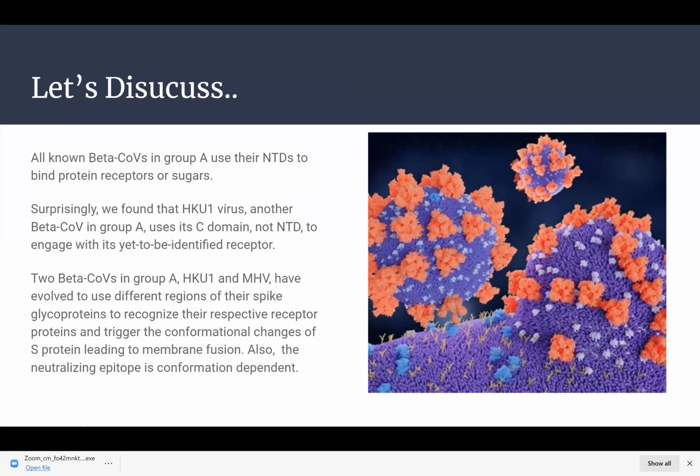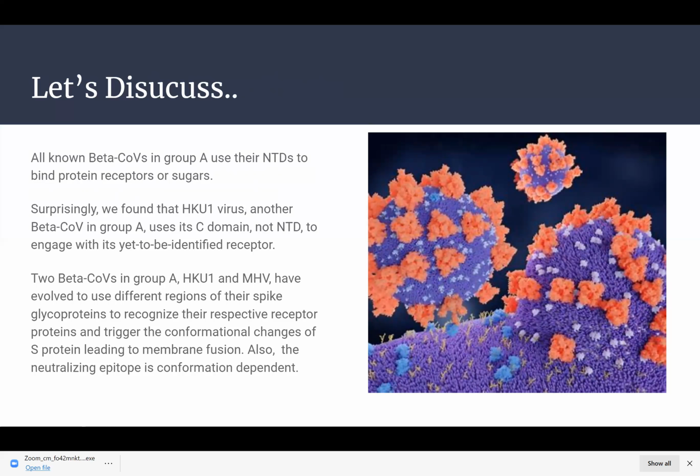Two Betacoronaviruses in group A, HKU1 and MHV, have evolved to use different regions of their spike glycoproteins to recognize the respective receptor proteins and trigger the conformational changes of S protein, leading to membrane fusion. Also, the neutralizing epitope is conformation dependent.